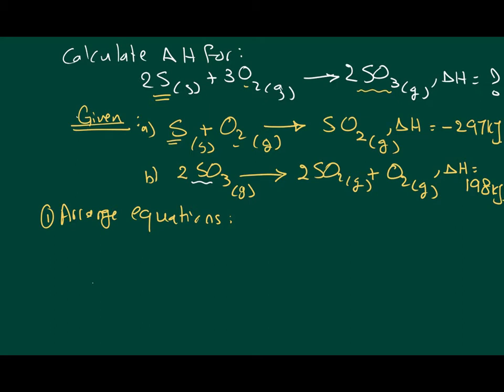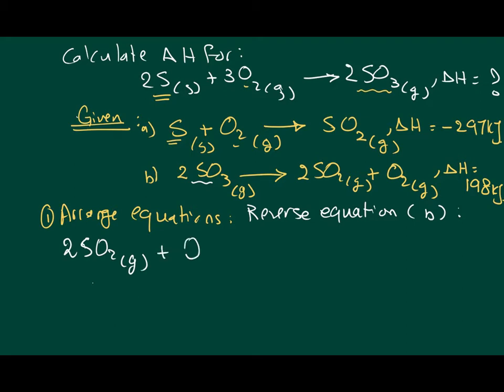So you need to reverse equation B. So 2SO2, you reverse it, make the arrow in the opposite direction, plus O2 gives 2SO3. Delta H will be reversed, minus 198 kilojoules.